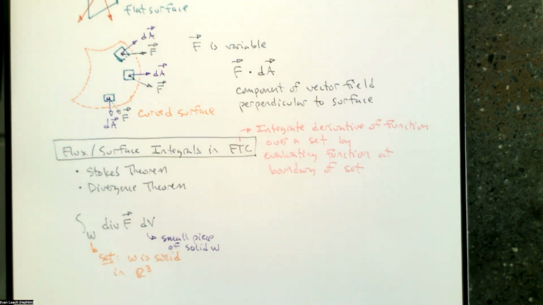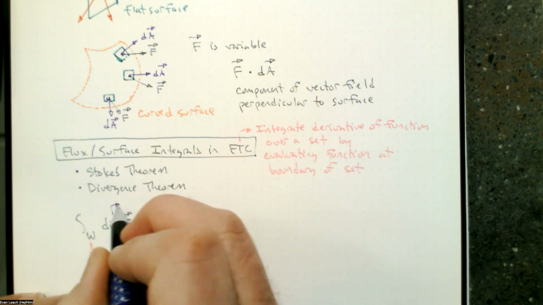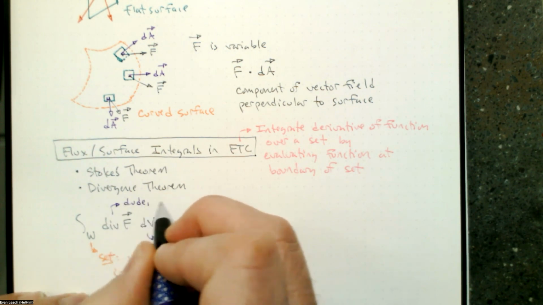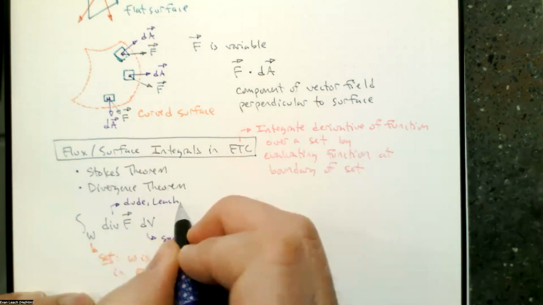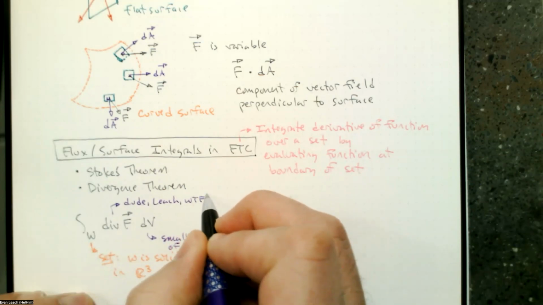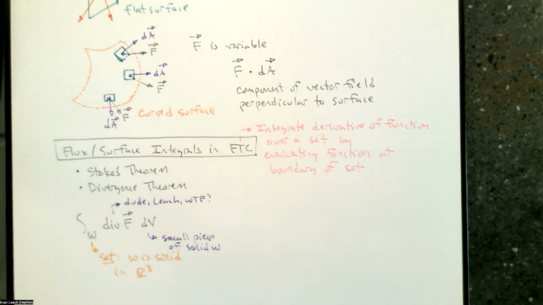And the divergence of the vector field is something that we haven't talked about. Don't worry about it for now. We're thinking in terms of math, the structure, and we'll worry about the details later.